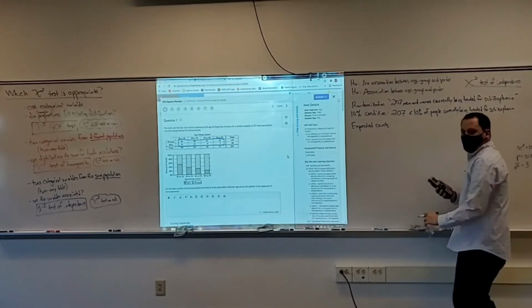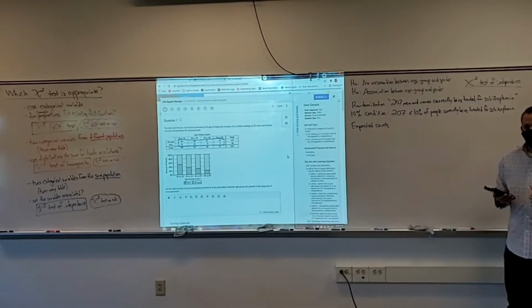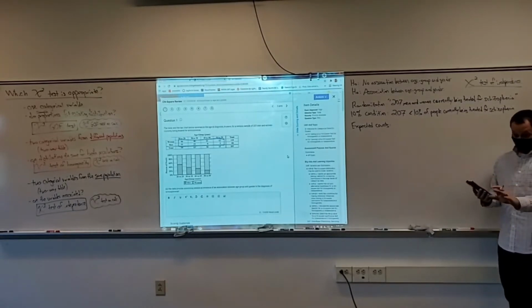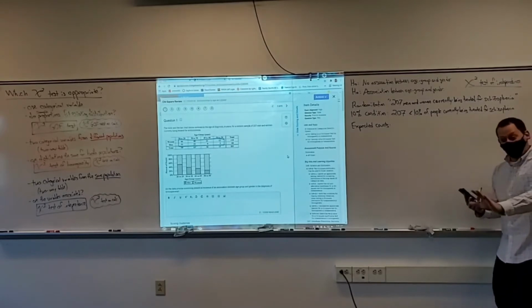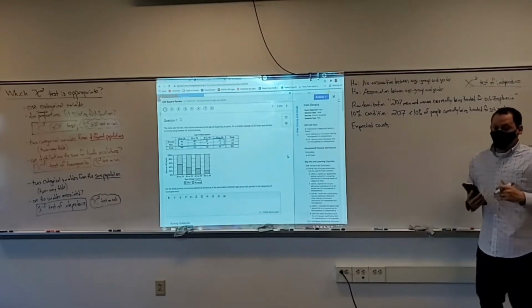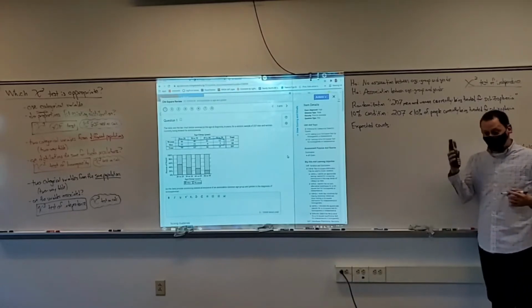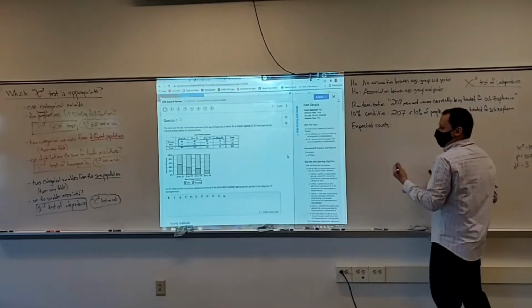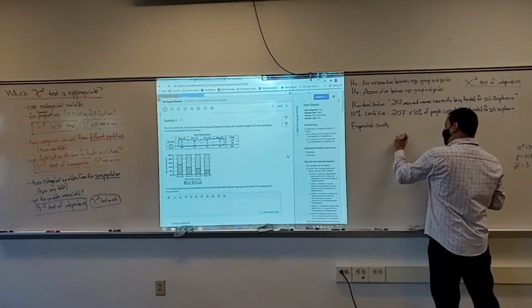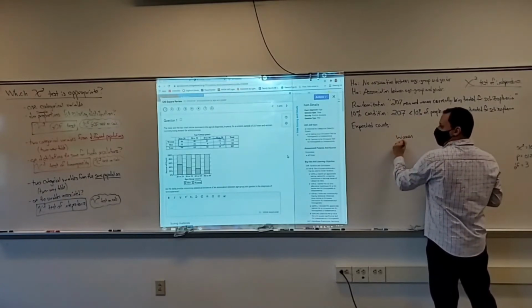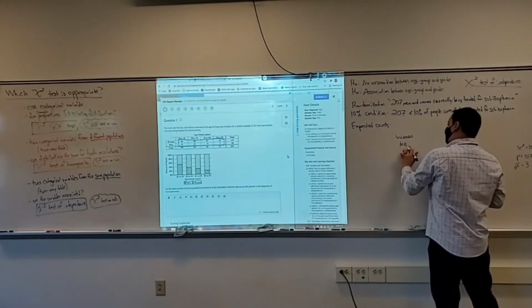Do you have to type every single expected count? Well, first of all, the test is going to be paper pencil. So, no, you will have to write them all though. You do have to check the condition is met. You can't just say all expected counts are greater than 5. You have to show what they are. And maybe I put a little bit more detail into this than I need, but I want to make sure that I label them correctly.